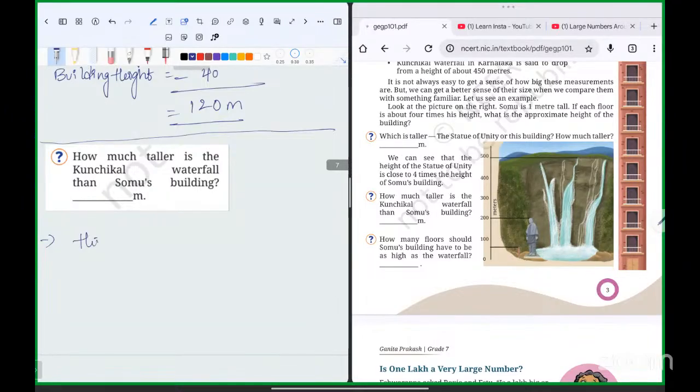First, write it given. Height of Somo's building. The height of Somo's building is equal to 40 meters. So we need the height of the Kunchikal waterfall.